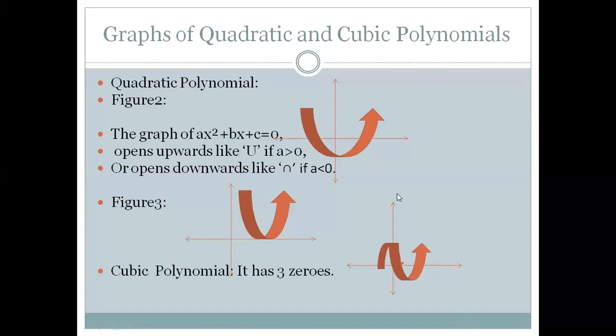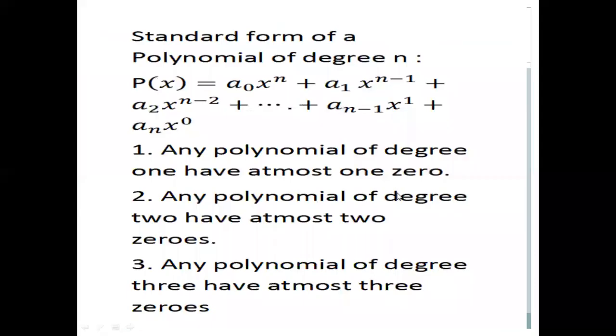Now, the next one is the standard form of a polynomial of degree n. It is very, very important. P of x is equal to a0 x power n plus a1 x power n minus 1 plus a2 x power n minus 2 plus etc. plus a n minus 1 x power 1 plus a n x power 0.